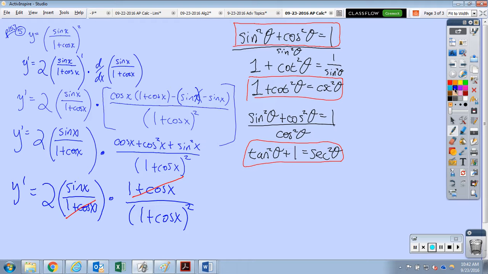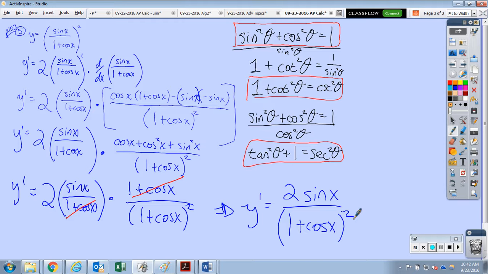Let's compare to what you got here. We have 1 plus cosine of x squared. What did you do? Instead of simplifying cosine squared plus sine squared to 1, I just simplified it by canceling stuff out.